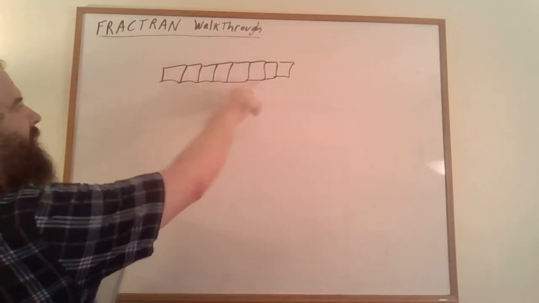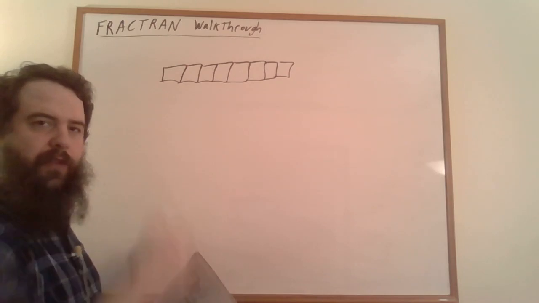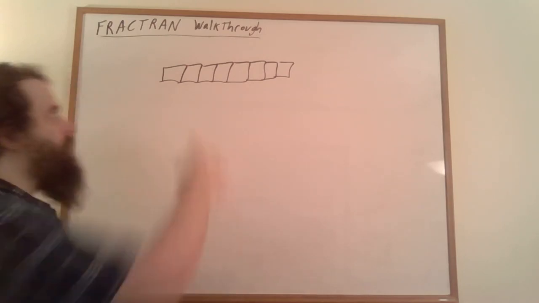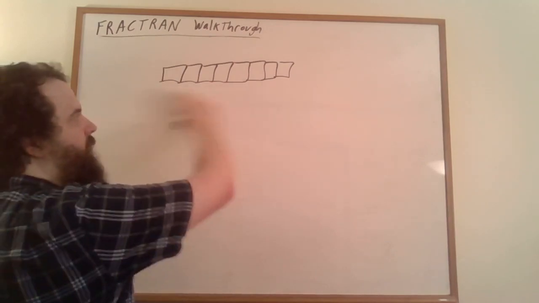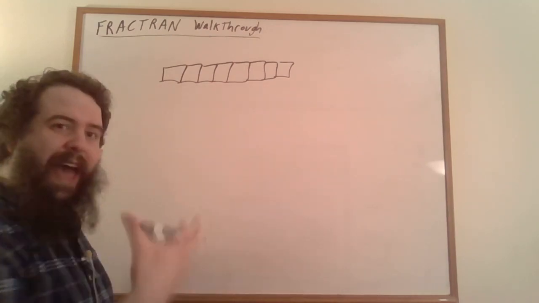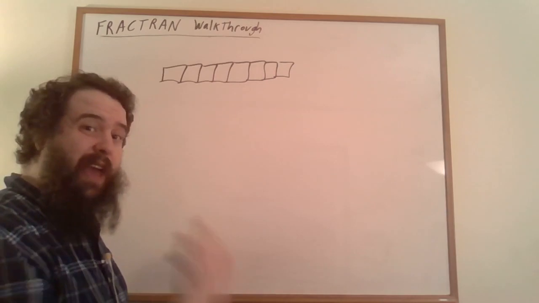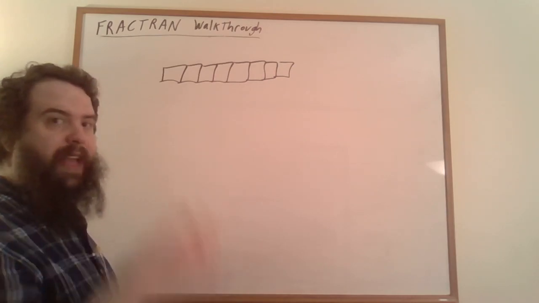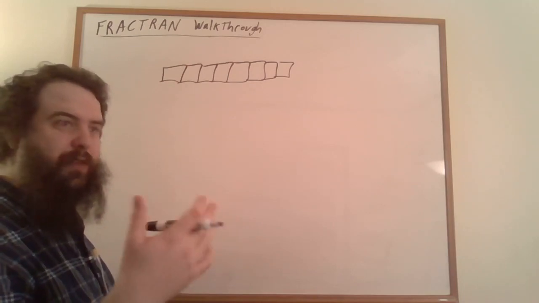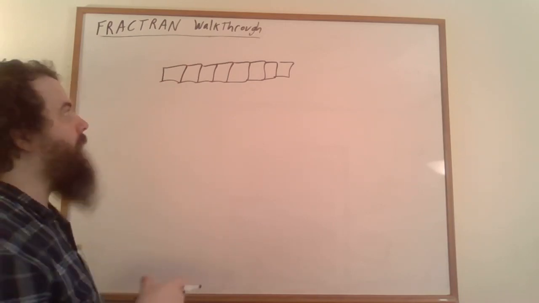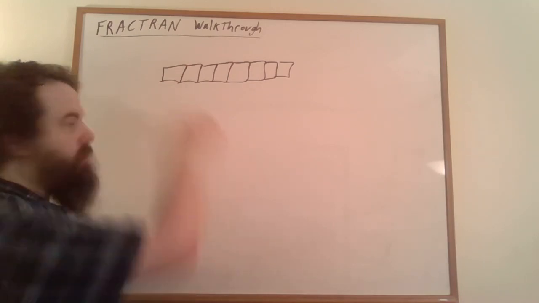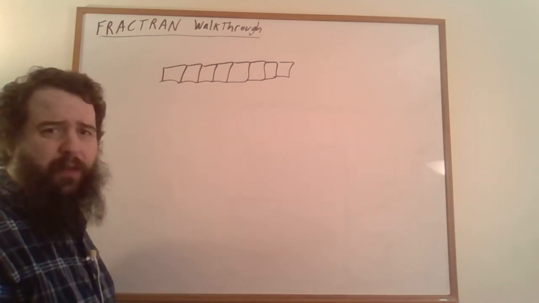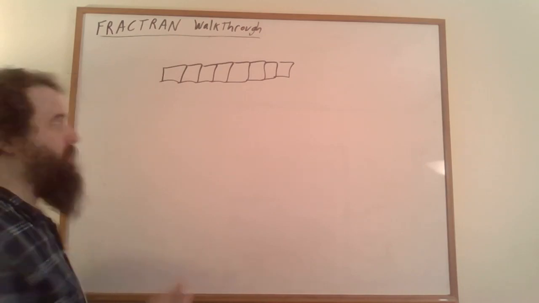Now, normally you'd probably want to put zeros and ones on your tape, but I want to avoid zeros because I'm going to be storing the value on this tape as the digits of the exponent in various registers. And so to avoid any issues about leading zeros, I'm just going to put 2s and 3s on the tape instead of 0s and 1s, but this doesn't affect what we can compute with this particular machine.